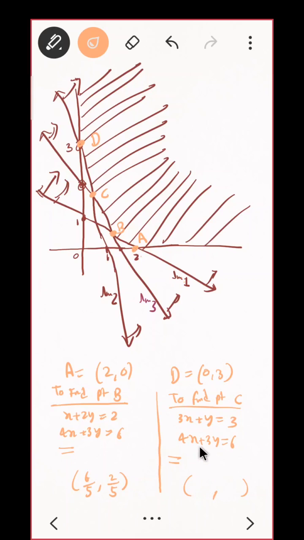What will you do? You multiply 3 on this, then y will get cancelled, correct? 9 minus 4, again it will be 5, so I think it will be 3 by 5. So if you substitute, then 3 by 5, then 6 by 5. Just check whether you are getting this.